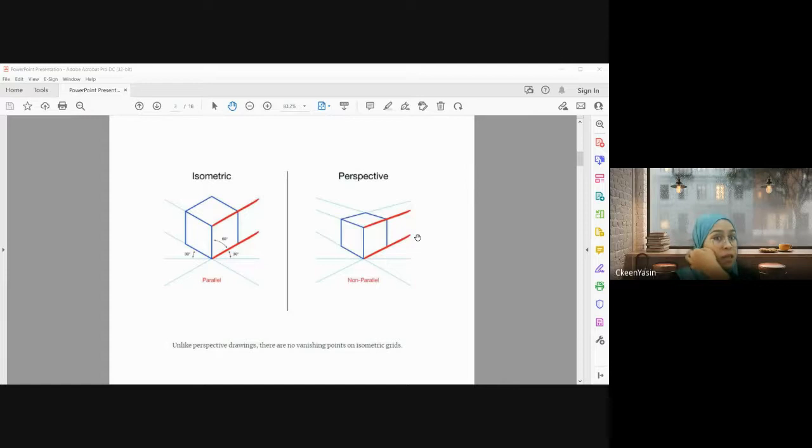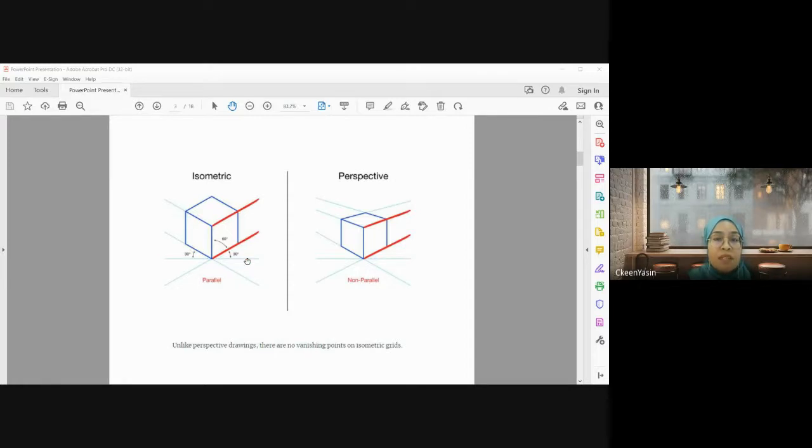In the last assignment, you were asked to do a perspective. So let's take a look at the difference between isometric and perspective. Unlike perspective drawing, there is no vanishing point on the isometric grid. Dia tak ada vanishing point.